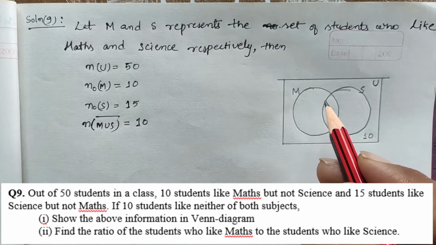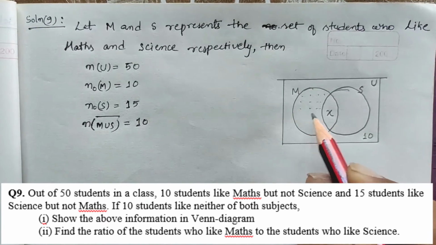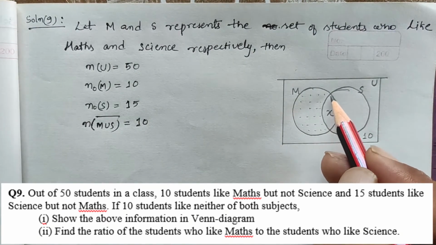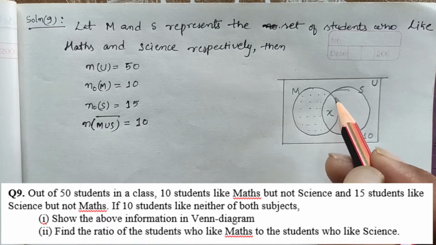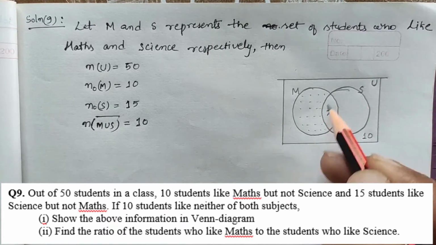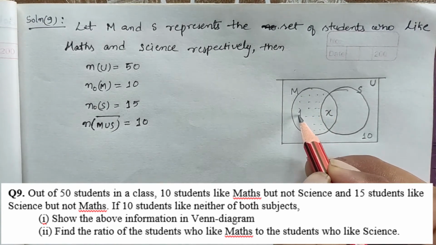And the question says students who like math but not science. So this part is the students who like maths and don't like science, because these X students like science also. They like math and science both, because this X part is in S also. So those who like maths only are 10.